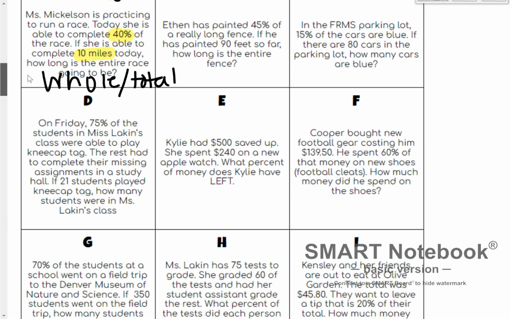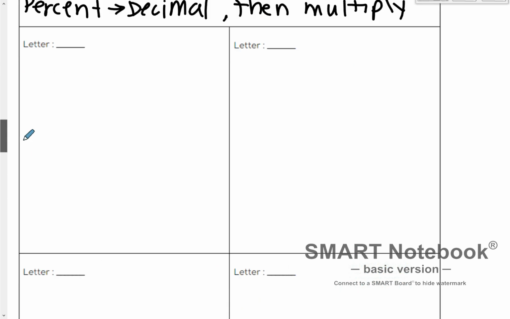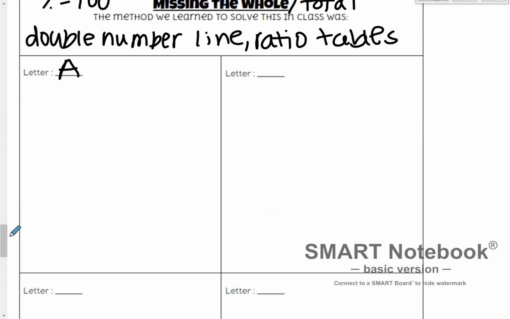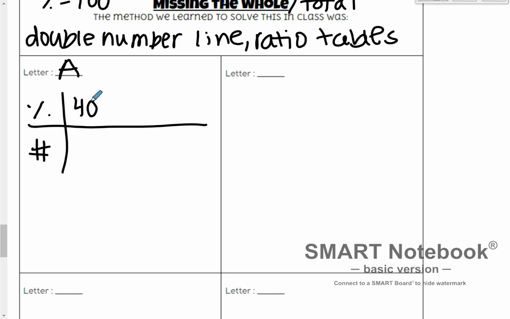So let me just go back real quick. 40% of the race is 10 miles. We want to know what the whole race is. Okay, so as I set up that table, I've got my labels. I always need to have my labels. So I've got my percent and my number. Think to yourself, what number should we put in for the percent? That should be 40.